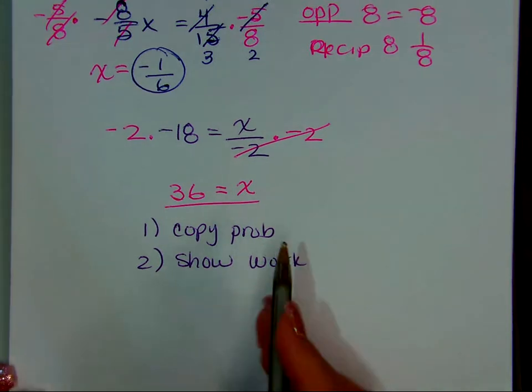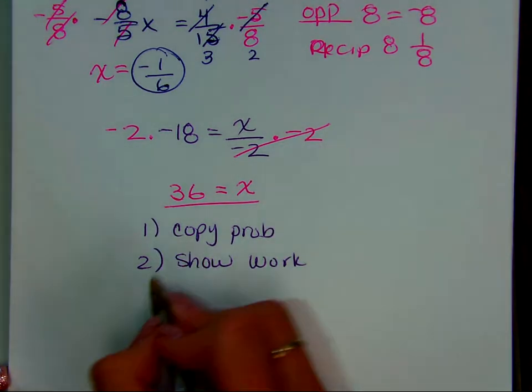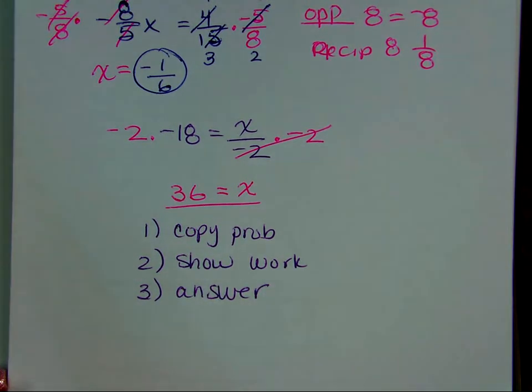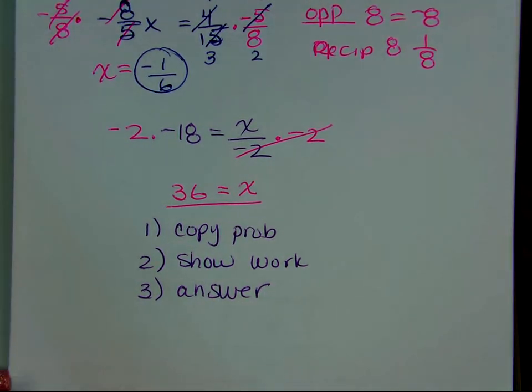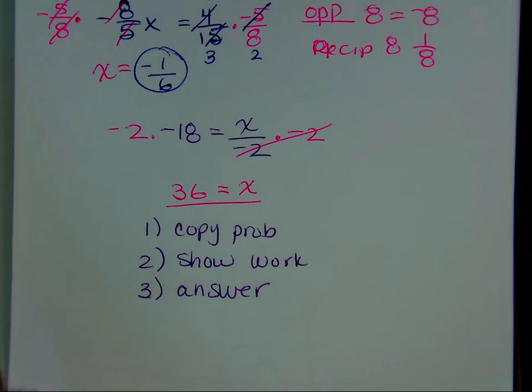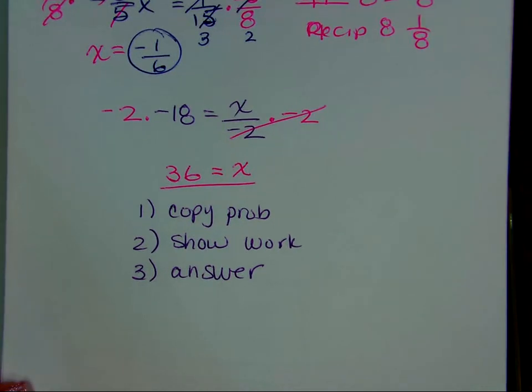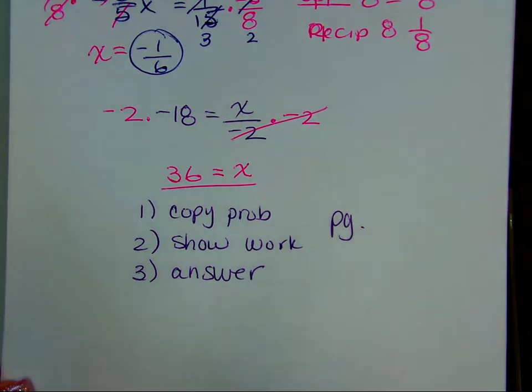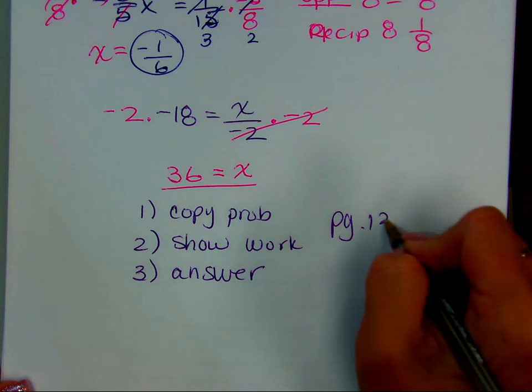What I need you to know when you do your homework and complete this assignment is that the first thing you're going to do is copy the problem. The second thing is to show whatever work you have to right underneath or on that problem, if it's the case for the multiplication and division. And the third line will be your answer. You do not have to show any checks.